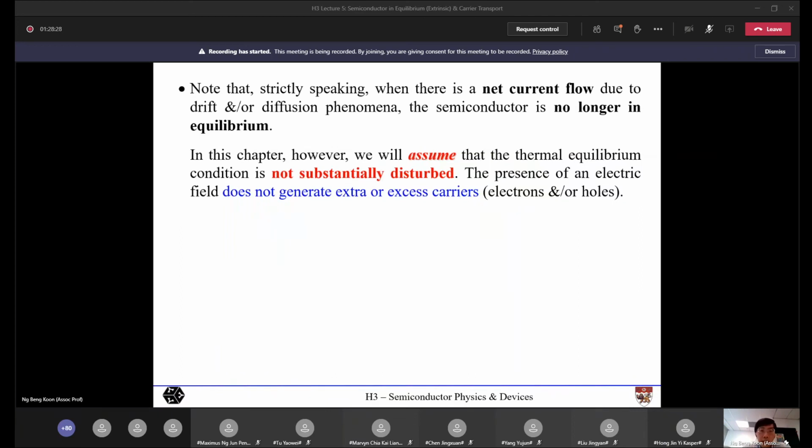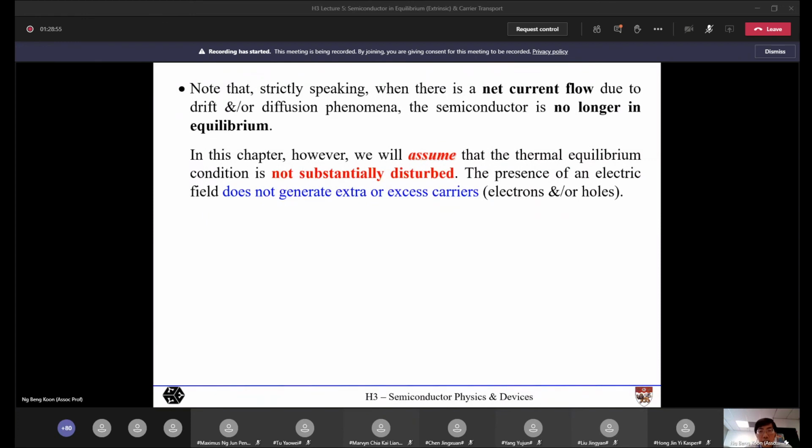But under thermal equilibrium condition, if the current flow is not so large that it disturbs the thermal equilibrium condition, then we can assume that the thermal equilibrium condition is still applicable. So that's the assumption that we can make if your current is not too large.